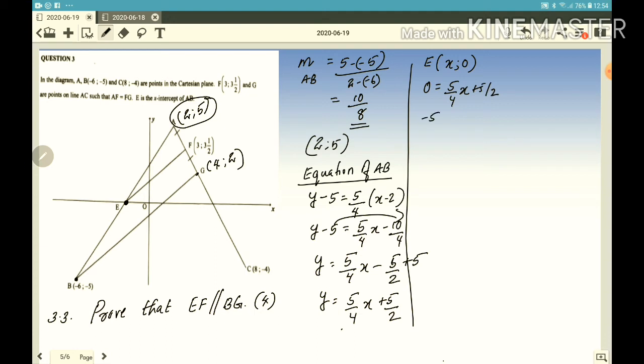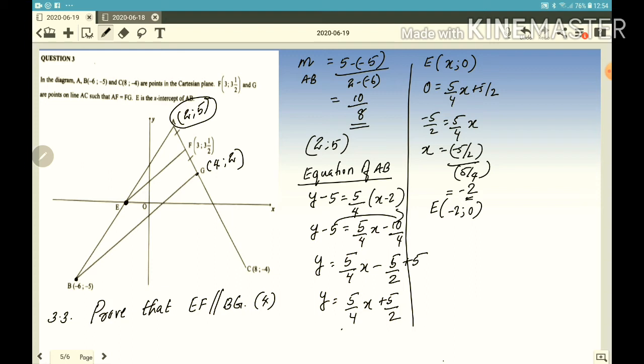Minus 5 over 2 is equal to 5 over 4 x. Therefore, x is equal to minus 5 over 2 divided by 5 over 4. When you do it in the calculator, it will give you minus 2. So we got the coordinates of E as minus 2, 0.